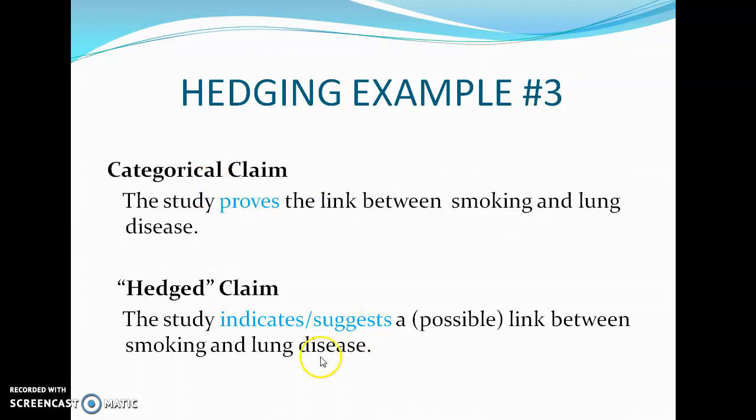But the writer can use a more softened way to express their opinion, because they cannot prove their opinion all the time. So here you can see that instead of "proves," they can use "indicates" or "suggests a link between" smoking and lung disease.